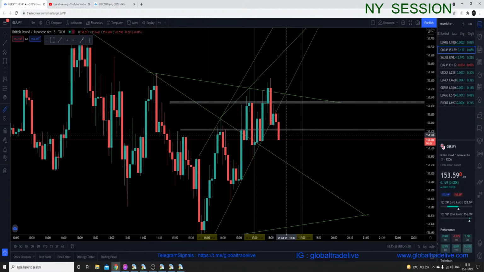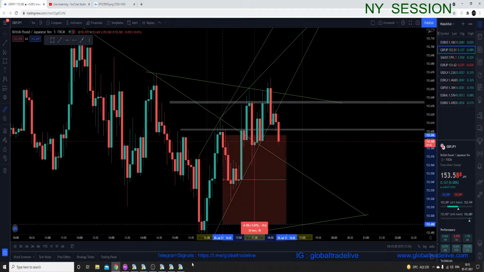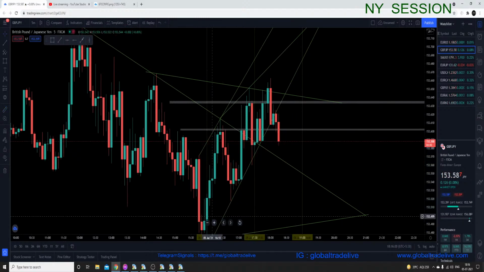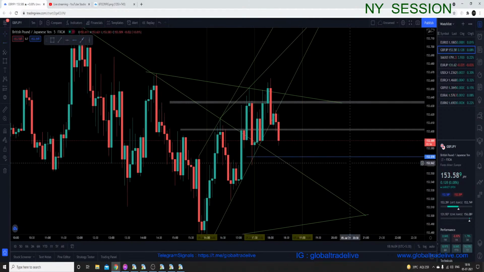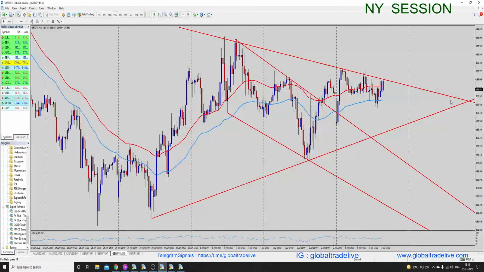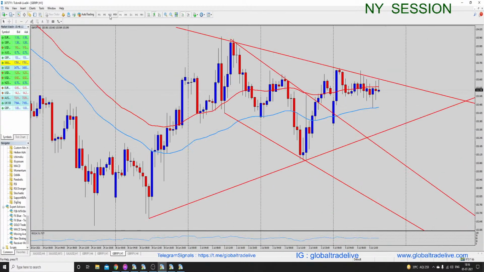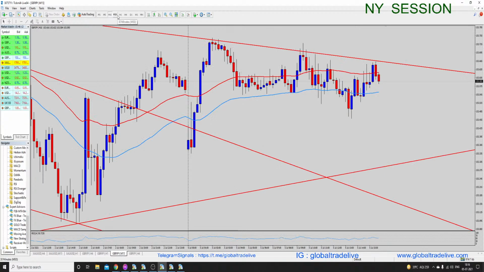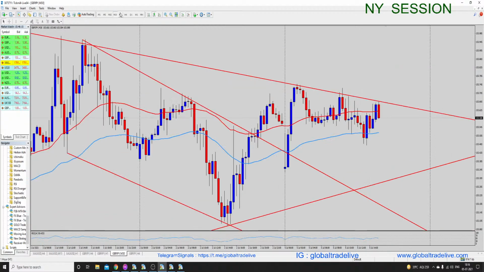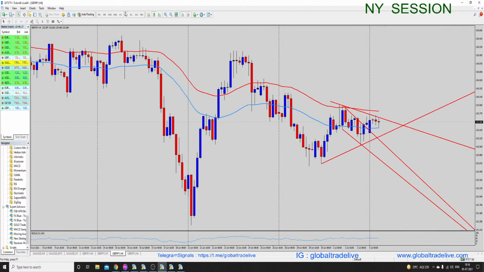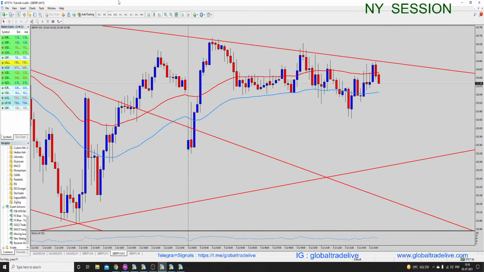Let's see here. Yeah, it's just going all the way down, so I think this should be the execution point. Let's see. Actually, I'm not sure here. Look, 14 minutes left only here. That means one 15 minute candle has left.